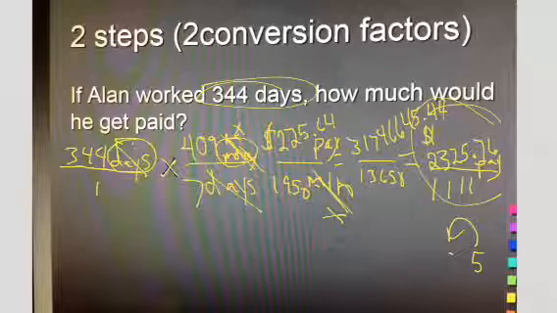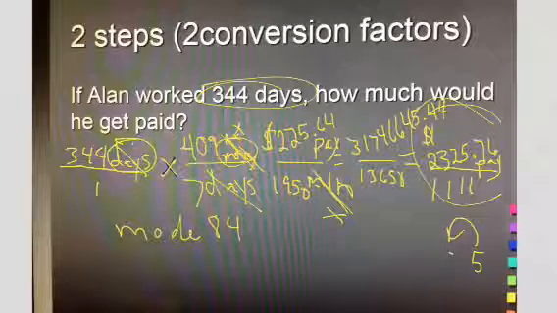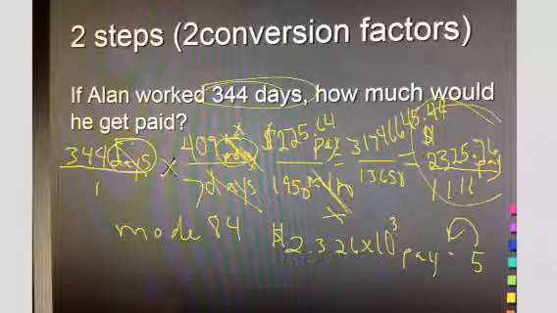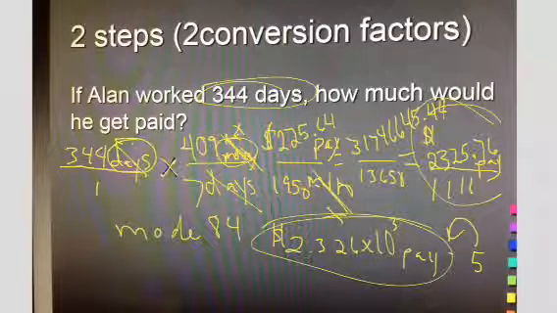And when I told you on my calculators it was mode 84, that's going to round it for you. So if I do that, I put mode 84 on my calculator, it rounds it for me to 2.326 times 10 to the third. And that is money or pay. And that way I don't have to figure out where to round it.